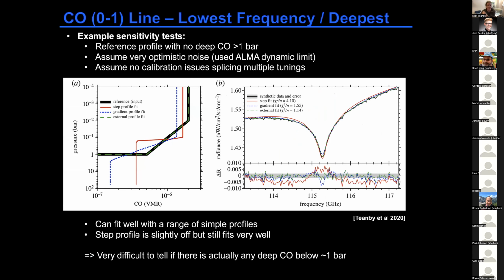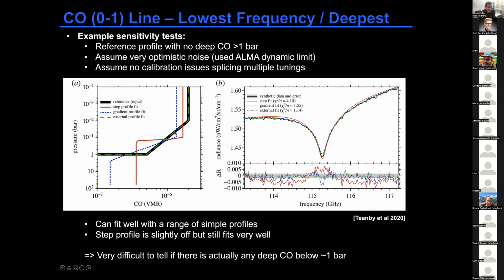I did a little bit of a test here just to try and quantify this, a sensitivity test. I took this black profile as the actual carbon monoxide profile on Neptune, generated a synthetic spectrum, added some noise to it, and then tried to fit it with this step profile. Can you actually fit it?